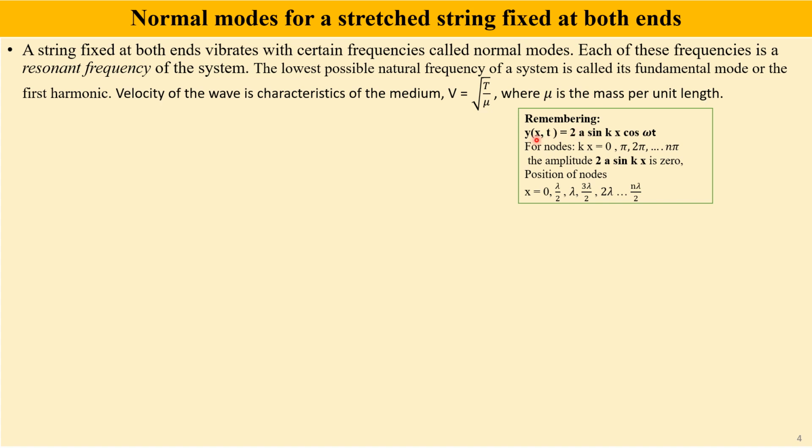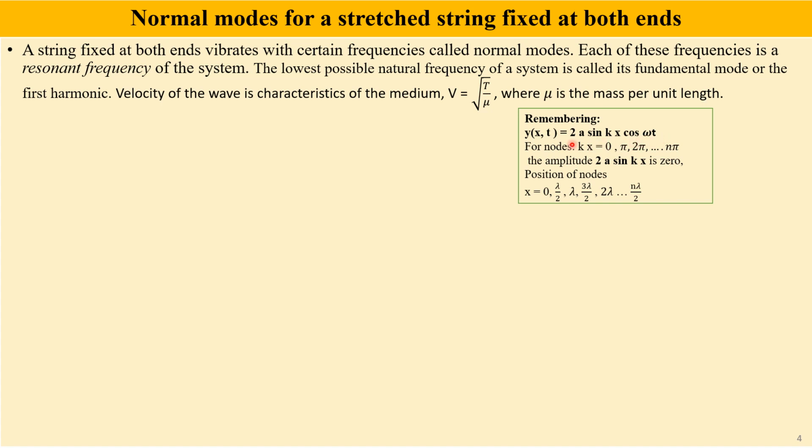We know that the equation of a standing wave is given by the relation y of x, t is equal to 2a sin kx cos omega t, where y is the position of the node or antinode, 2a sin kx is the amplitude, and cos omega t is the phase of the wave.